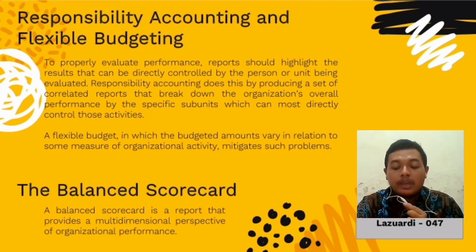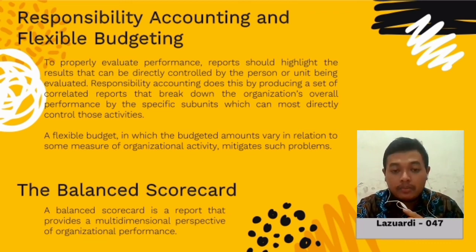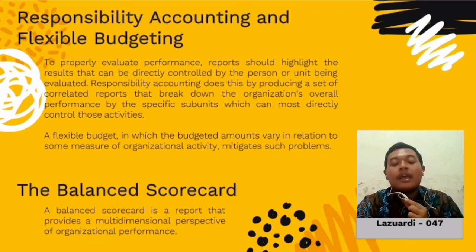In this way, budget standards will be automatically adjusted for any unplanned increase or decrease in production. Thus, any differences between these adjusted standards and actual cost can more appropriately be interpreted.